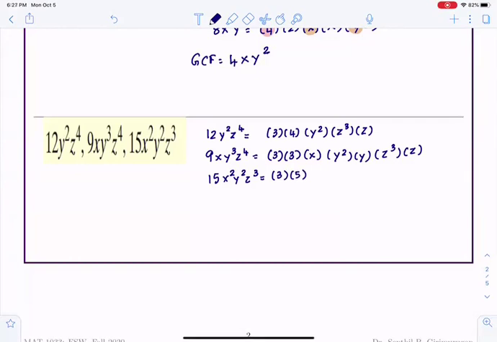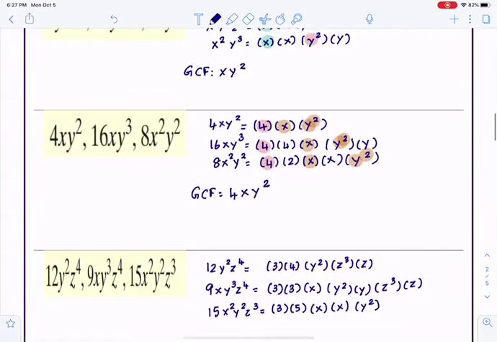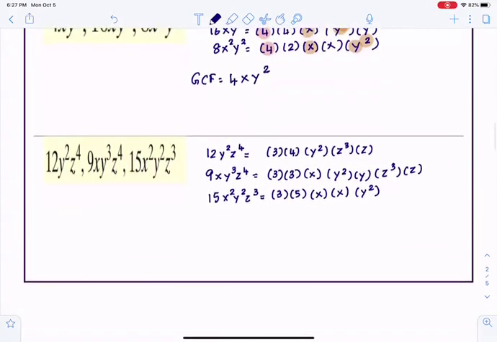The smallest exponent for the x variable seems to be x, so I'm just going to write the x squared as x times x, and y squared multiplied by z cubed.